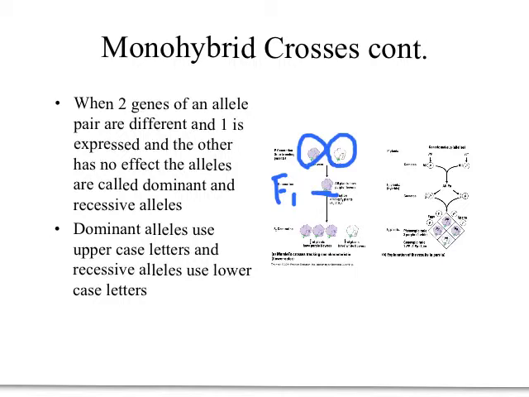So if one is expressed and one isn't, we call that dominant versus recessive alleles. For the dominant allele, we're going to use an uppercase letter when we do these Punnett squares. So for color, we can say big P for purple, which is the dominant one, and little p for white, which would be the recessive one.